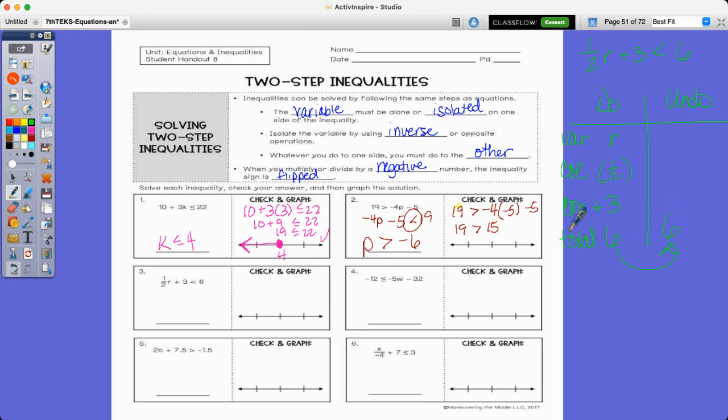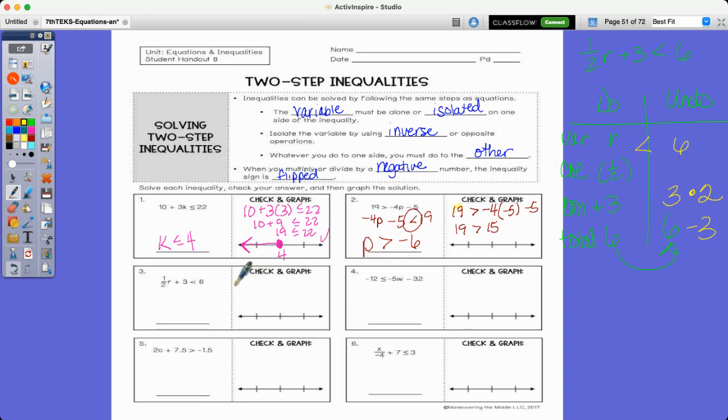I'm going to bring it around. Opposite of addition is subtraction. We're going to subtract. And then this is multiplication by a half. So remember, we're going to divide by a half, which means we need to keep, change, flip. So we're going to flip this over and we're actually going to multiply it by 2. That gives me 6.